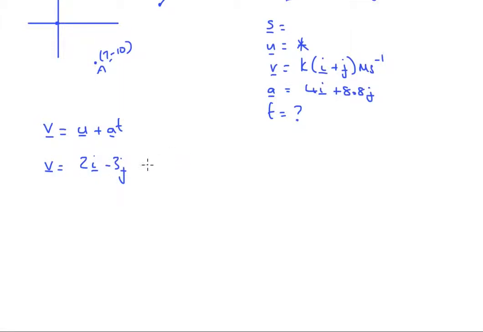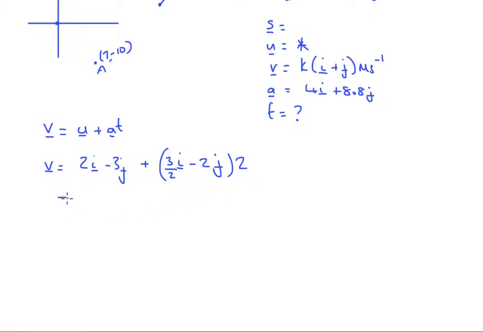We know the acceleration, we worked that out to be 3 over 2i minus 2j. And we know the time it took to do that was 2 seconds.